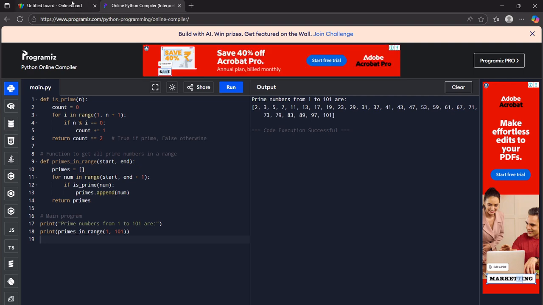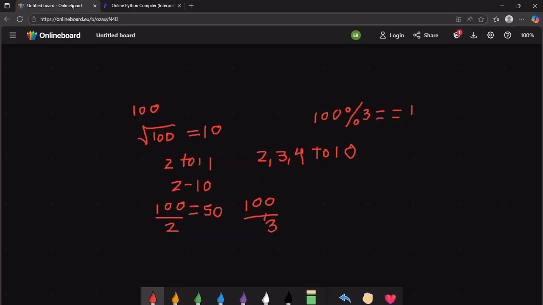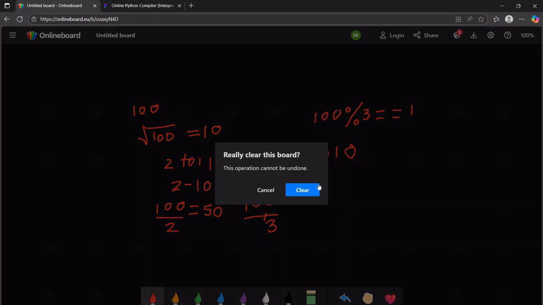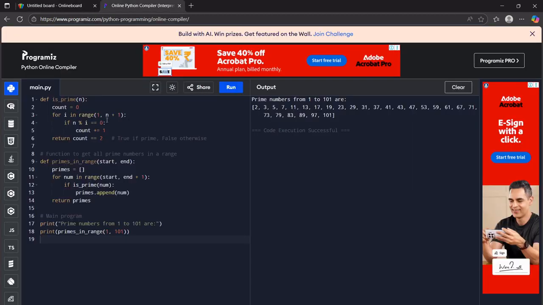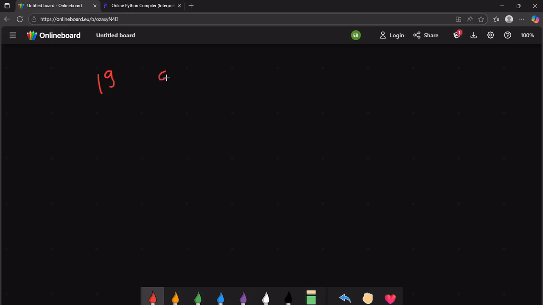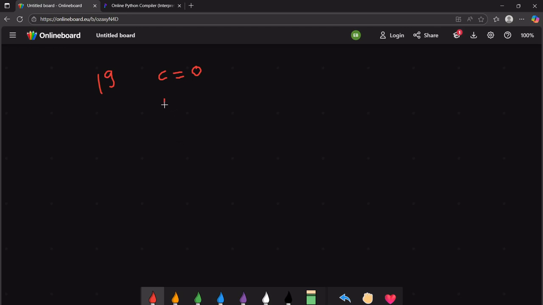Here we'll take one example. Let's take the example of 19. Now the count is 0. Here i is in the range 1 to n plus 1, which is 19 plus 1, 20.